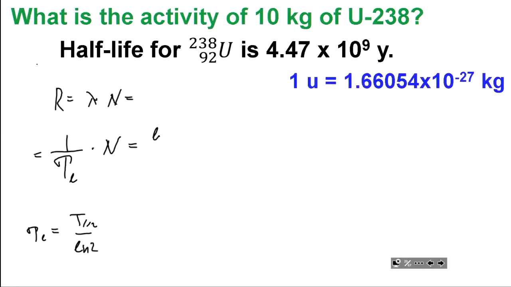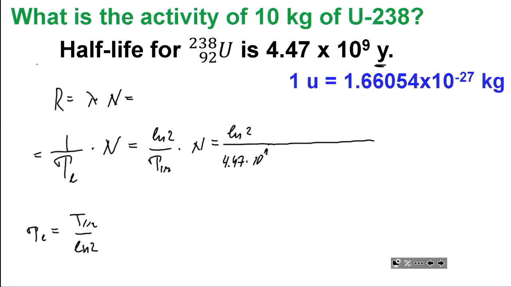So that's going to be natural logarithm of 2 divided by half-life times the number. Half-life is 4.47 times 10 to the 9th.